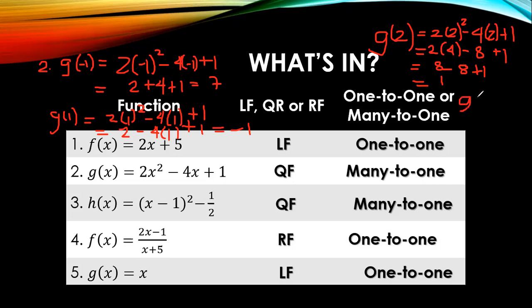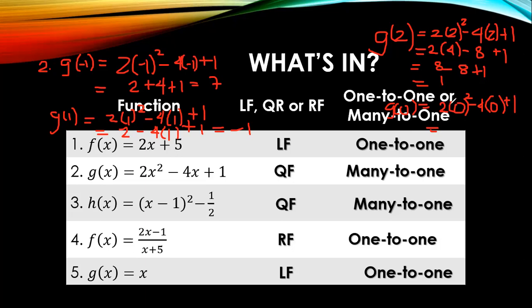So, what if g of 0? Okay, substitute natin. 2 times 0 squared minus 4 times 0 plus 1.